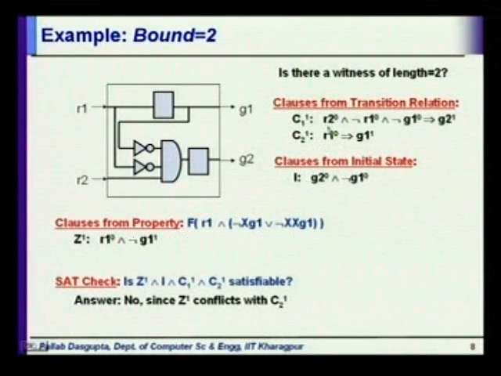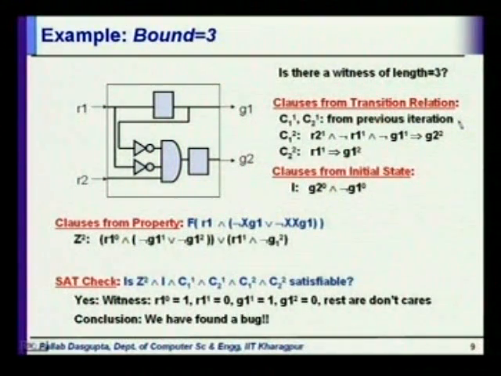Just see, this was what we had previously, right. It is the same thing, except that this 0 becomes 1, this 0 becomes 1, this 0 becomes 1, and this 1 becomes 2. So it's just a shift in the indexes of the variables, otherwise it's the same, because it's the same transition function, right. So similarly we get C22. So we add these 4 clauses as the clauses from the transition relation.